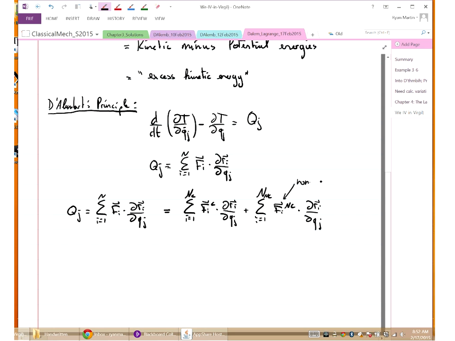Okay, so that's a non-conservative force, and Fc would be a conservative force.